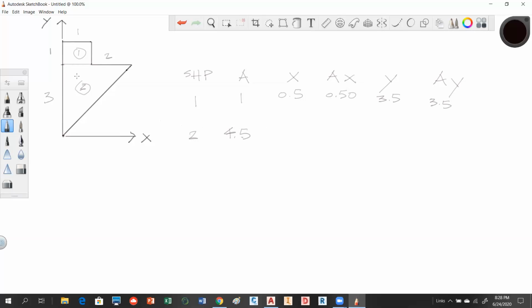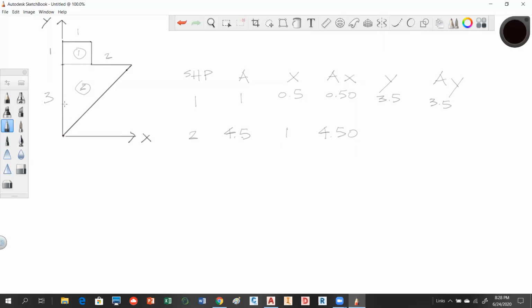So basically, we're going to take 1/3 of 3, and that gives us 1 unit or 1 millimeter. 1 millimeter times the area gives me 4.5 millimeters cubed.